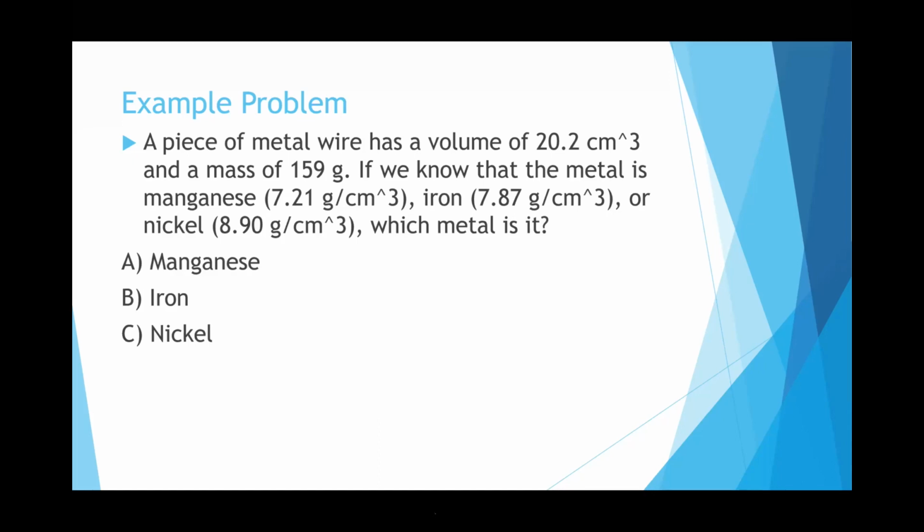The way to solve this problem is you calculate the density of this metal wire and compare which density is closest to it. If you get 7.21, you would say it's manganese, the one closest to it. If 7.87 is the closest one, then that one.